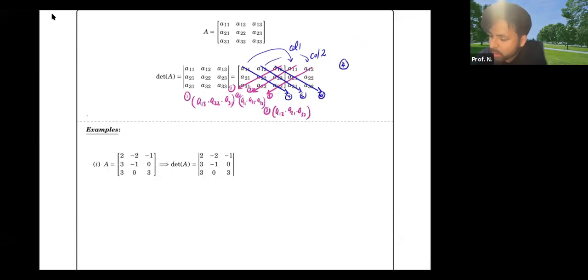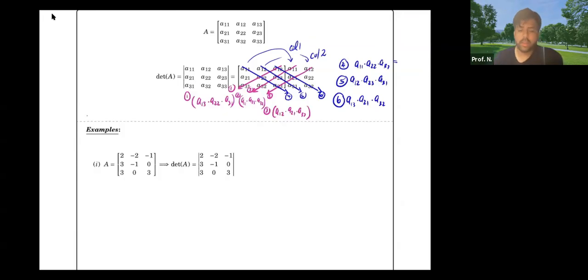So the fourth product is A11 times A22 times A33. The fifth product is A12 times A23 times A31. And then the sixth product is A13 times A21 times A32.